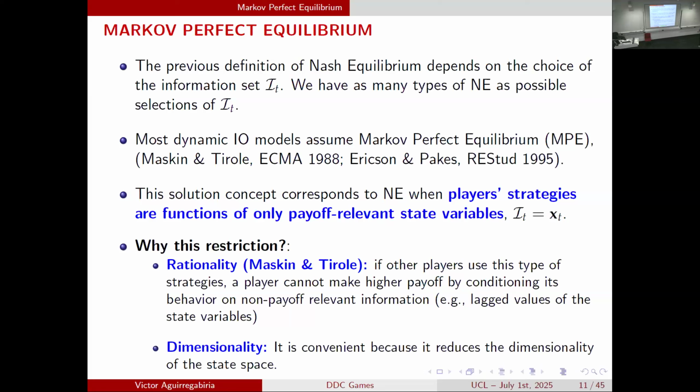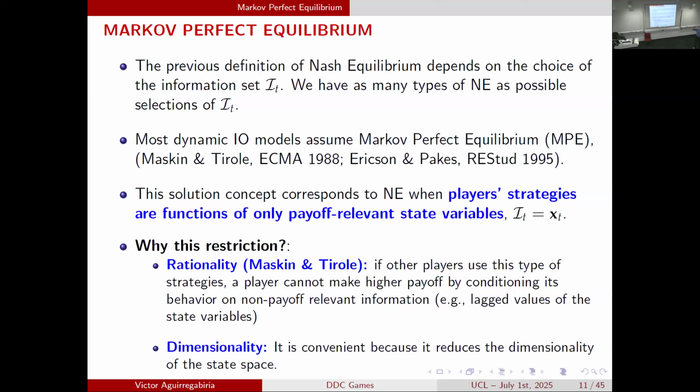And the idea is that if we think of a metagame that includes this game as a particular stage of this metagame, and the metagame includes basically the choice of information that agents can choose, basically the choice of calligraphic I. How much information do I want to condition on in my choice of a strategy?